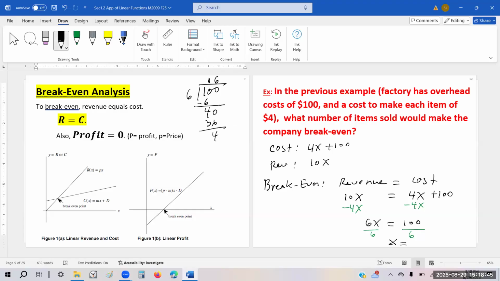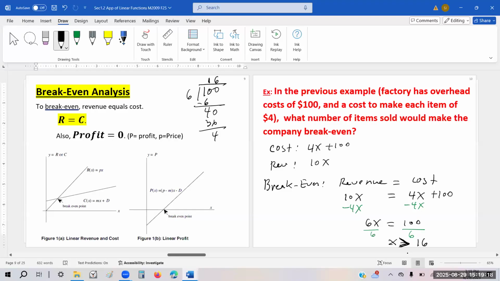And we get 4. Yep. So it has to be bigger than 16. Even 16 will not give you break even, because 16 times 6 is 96. So in order to have your break even, you need more than 16 items to be sold.